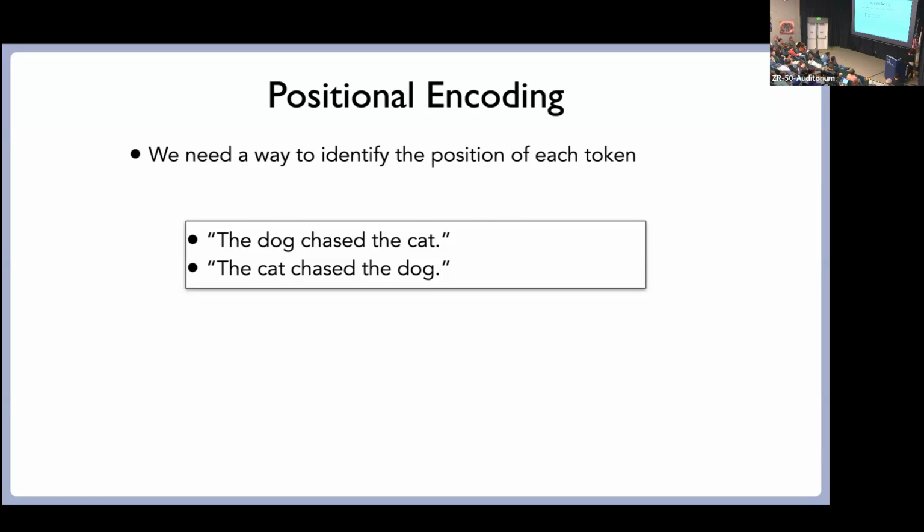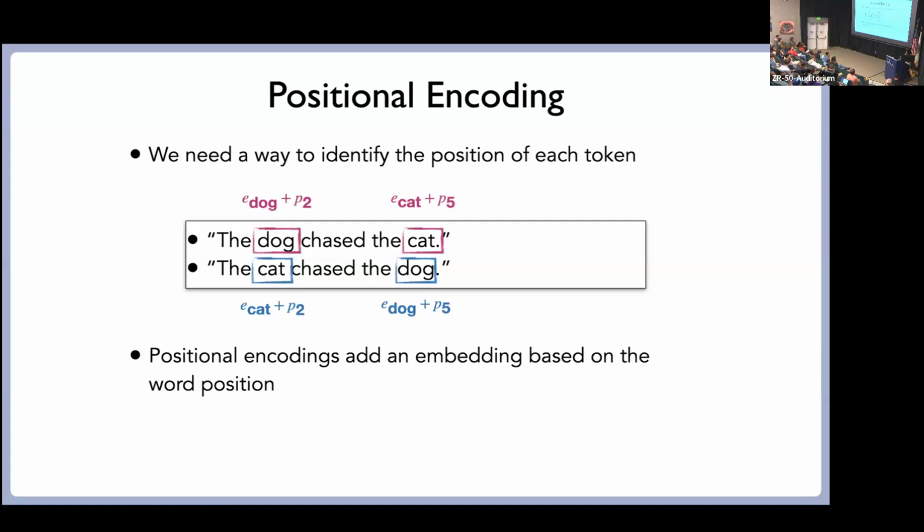For instance, given these two sentences, "the dog chased the cat" and "the cat chased the dog", of course these have two totally different meanings, but if you just use the input embedding, "the dog" in the first and the second sentence will have the same vector representation. And same for the cat. The cat in the first sentence and the second sentence will have the same representation, which may not be what we want because they mean different things when they are placed in different locations.